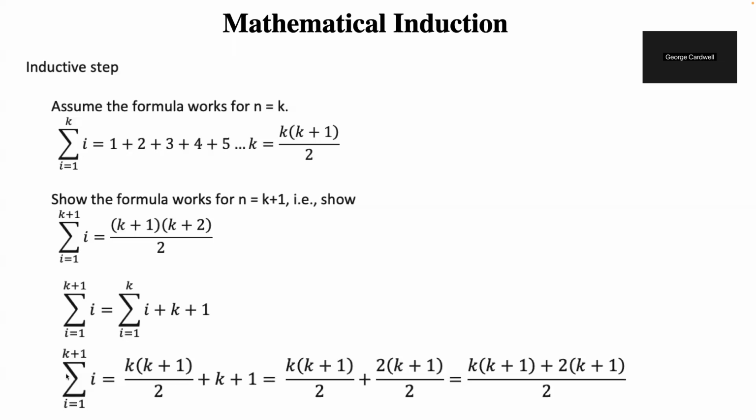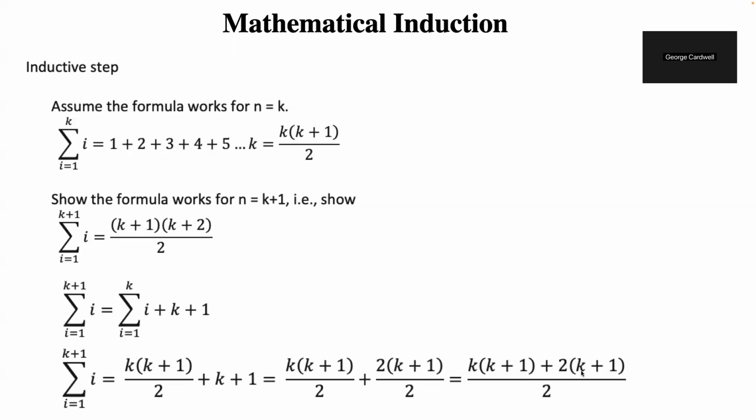So now I can say the summation of i equals 1 to k plus 1 of i is equal to the formula for this guy, which is k times k plus 1 over 2, plus that k plus 1. Now to add the two things together, I need a common denominator. So I'm just going to take k plus 1 and say 2 of those over 2. And then since they're both of the same denominator, I can write it once and I just add the numerators.